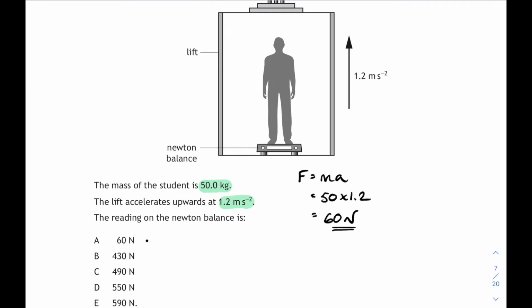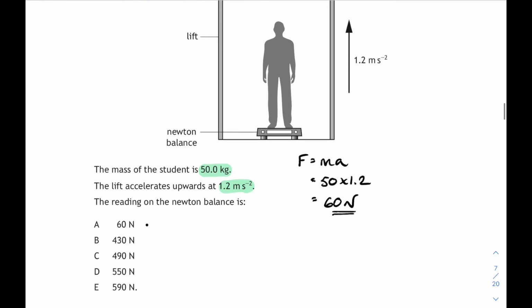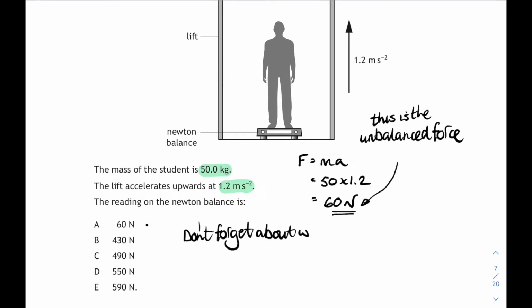Now notice that is one of the answers, but wait a minute, that's the unbalanced force that's causing the acceleration. We're asked for the reading on the Newton balance, so don't forget about the weight of the guy that's standing on the scales. His weight will be his mass times gravity on Earth. 50 times 9.8 gives us 490 newtons.